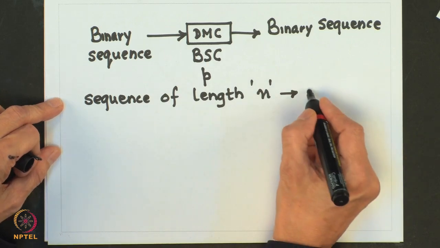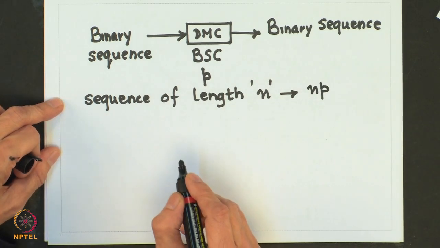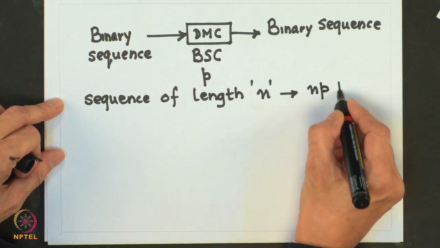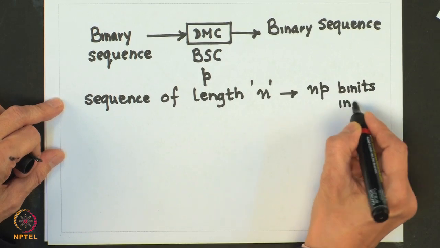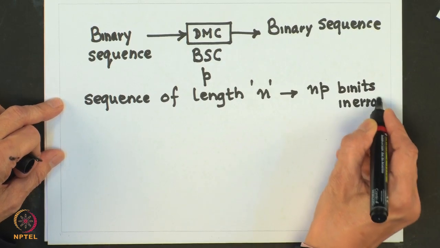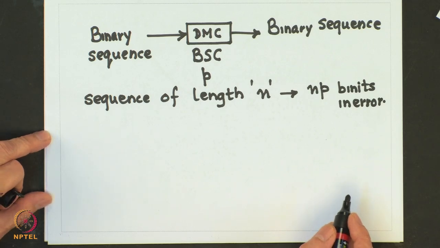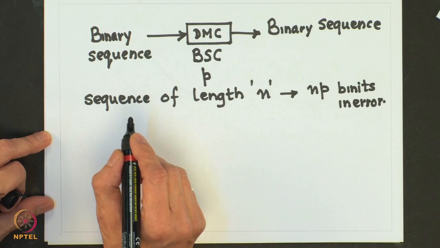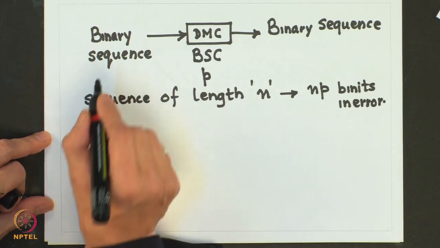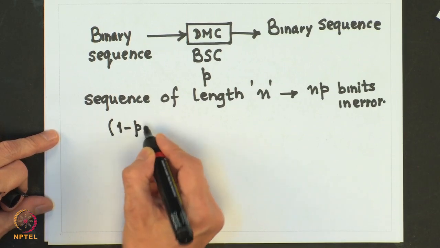So, what it implies is that np binary bits are likely to go in error. So, the probability of correct reception of a binary digit is going to be 1 minus p.